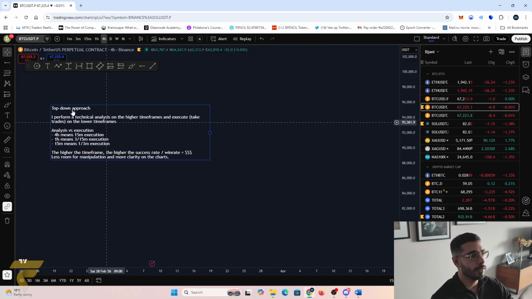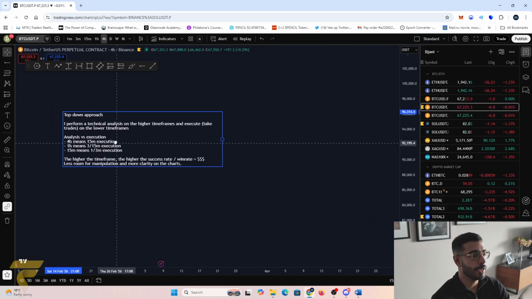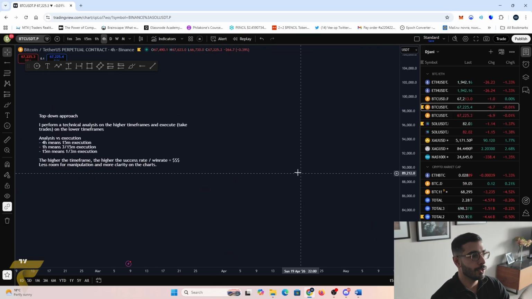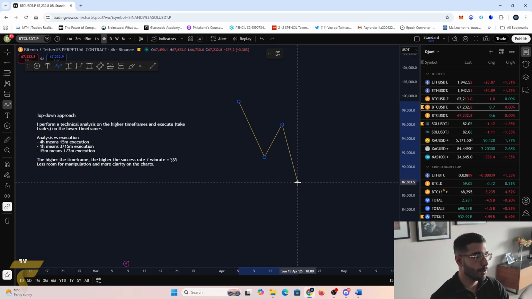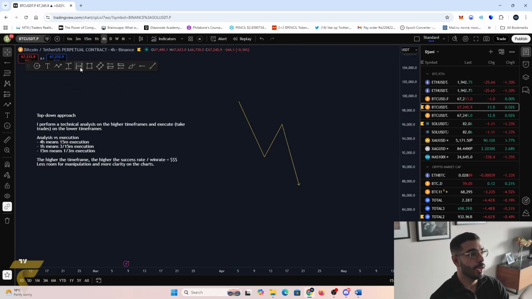So when we apply this top-down approach to the charts, and this is again the theoretical aspect of it, we are going to refer to the so-called reversal. This is a very important part. You need to understand there's a very clear difference between an impulse versus a confirmation.